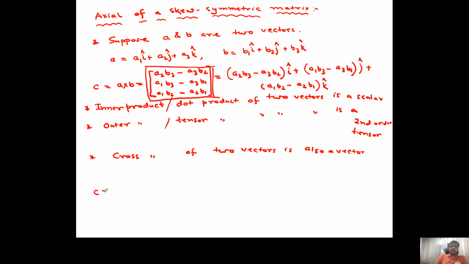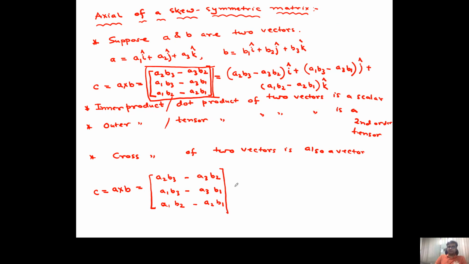So C is A cross B, and that is A2 B3 minus A3 B2, A1 B3 minus A3 B1, A1 B2 minus A2 B1.